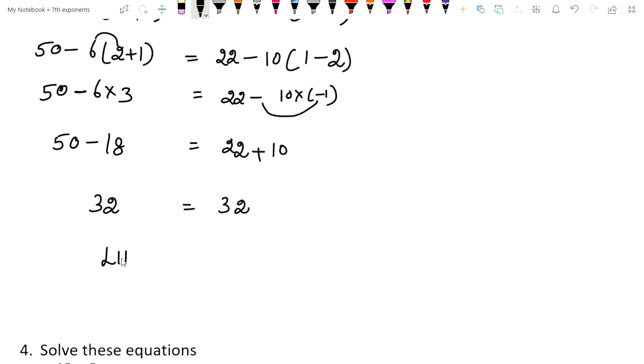So LHS equal to RHS. Hence verified. Is it clear children? See the next one.